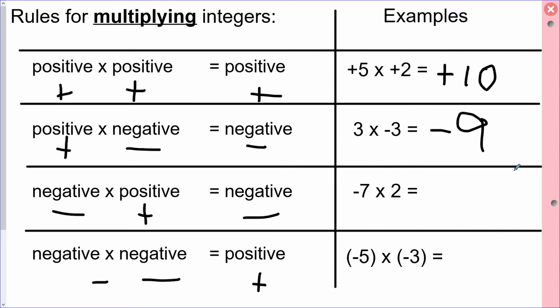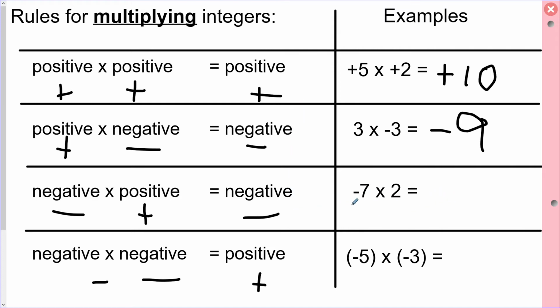Fairly straightforward. Again, this should be partly review, and the multiplying should not be difficult. I recommend you try these without a calculator, at least at first. If you need to use it to check some of your multiplication, that's fine. But please make sure you're double checking what sign you should have in your answer, because you know these rules. I know you all do, and you can use those to check what you should get.